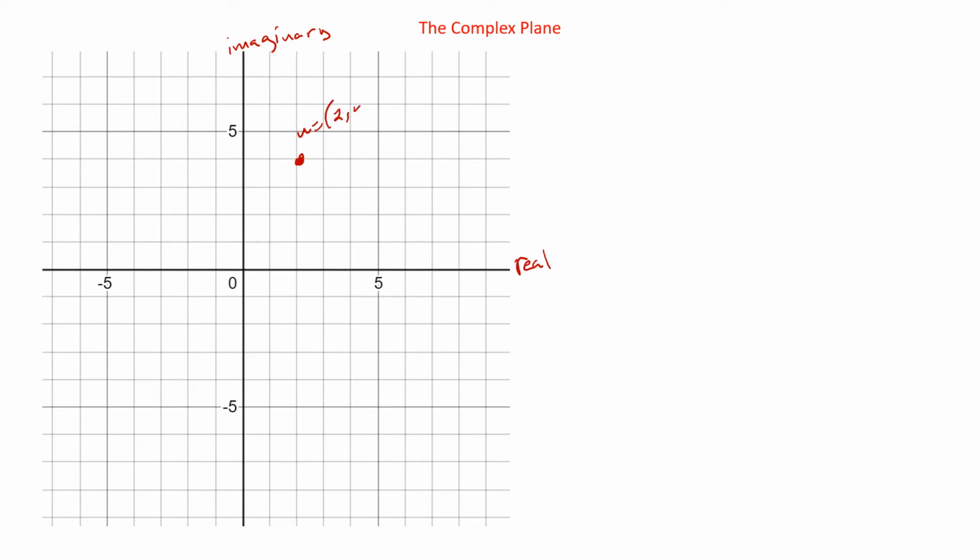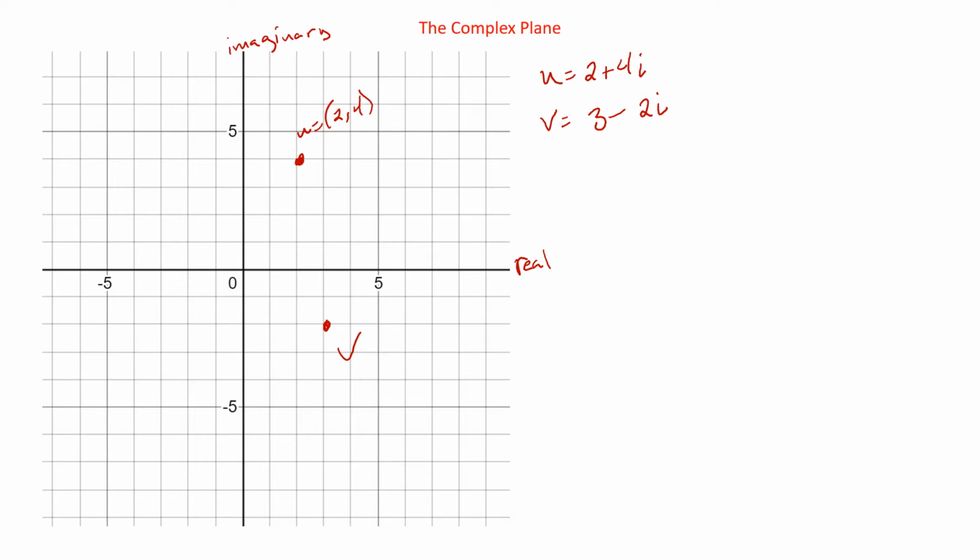So 2 comma 4 is a complex number. u would equal 2 plus 4i. Should have started with that one. v, let's have v equal 3 minus 2i. So we go over 3, down 2. So that's v, which is 3 minus 2i.